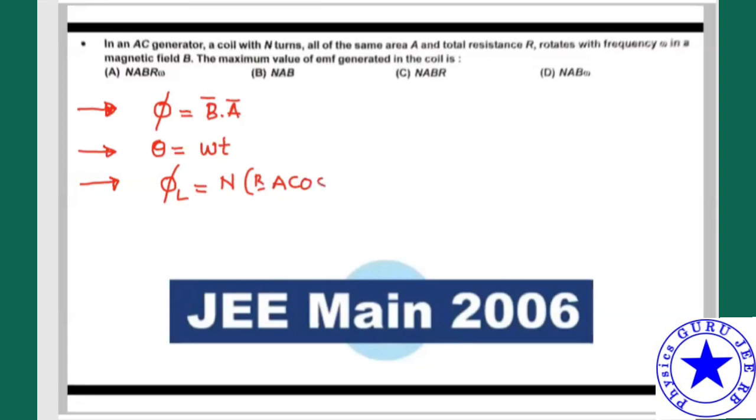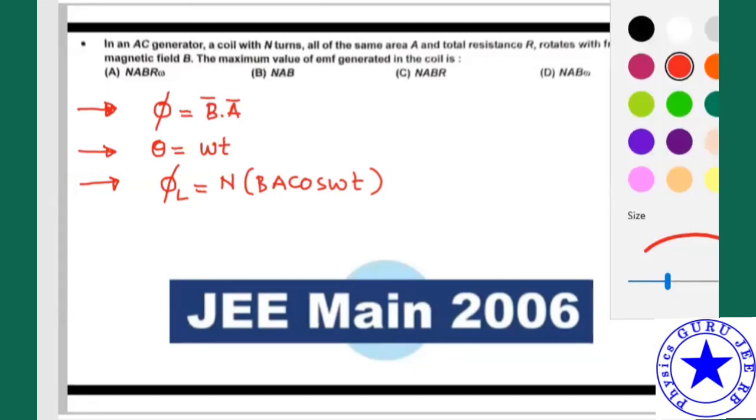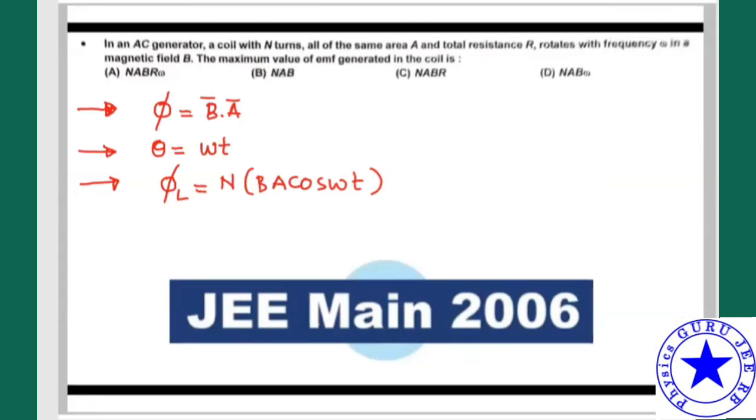Then the induced EMF in the coil, E equals minus d phi by dt, taking only the magnitude. Differentiating, cos becomes sine, and omega is constant, so we get N B A omega sine omega t.